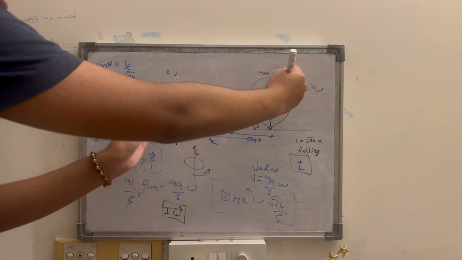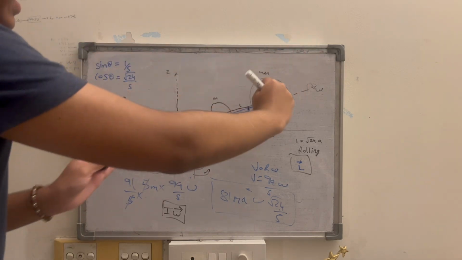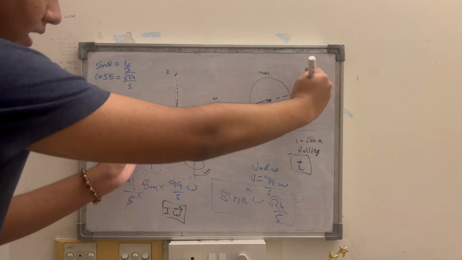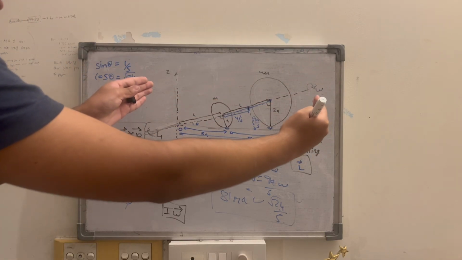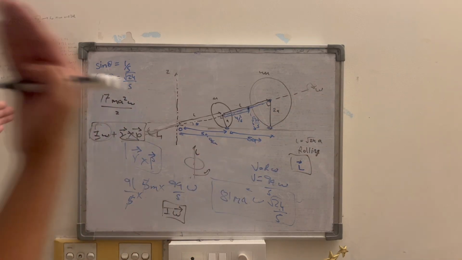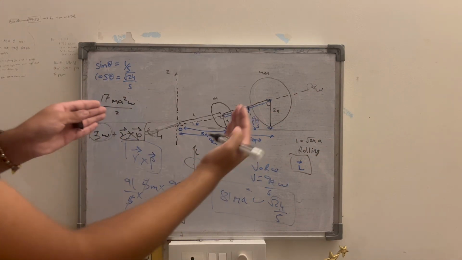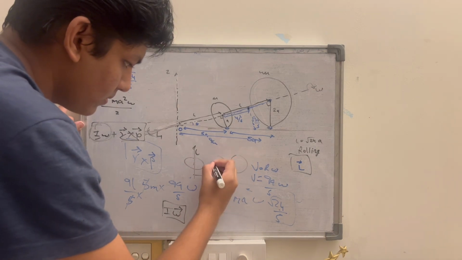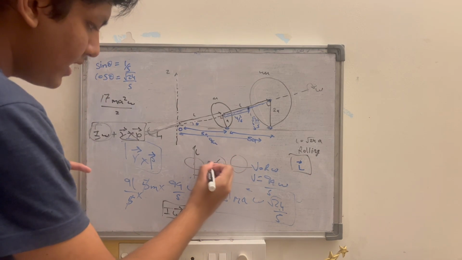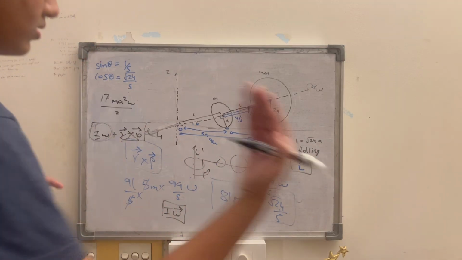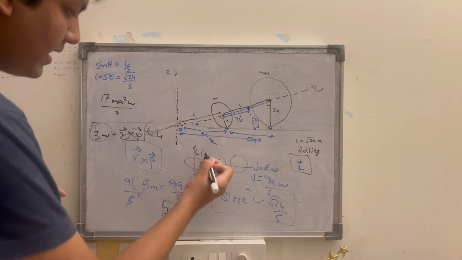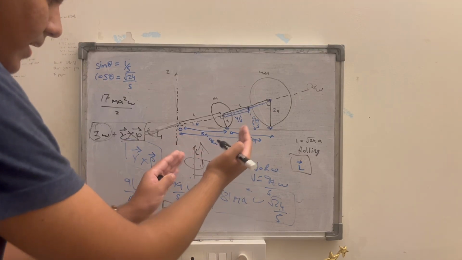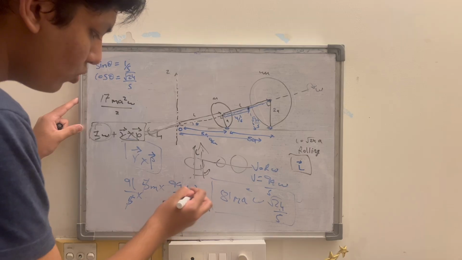Instead of this tilted axis, if you just straighten this out and visualize, and the whole thing is rotating about this, then the angular momentum will be like this. But now this whole thing is tilted, so the angular momentum will go like this.